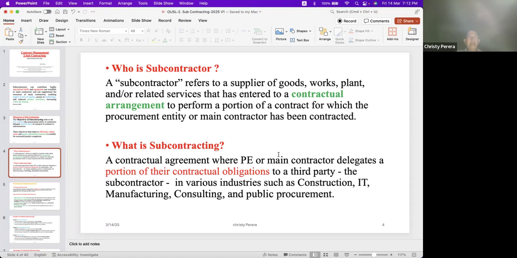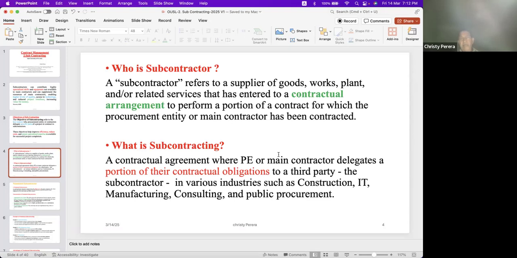Others, normal subcontractors. There is another category called specialized subcontractors, but it's not much important here. Nominated subcontractor and the normal subcontractor.